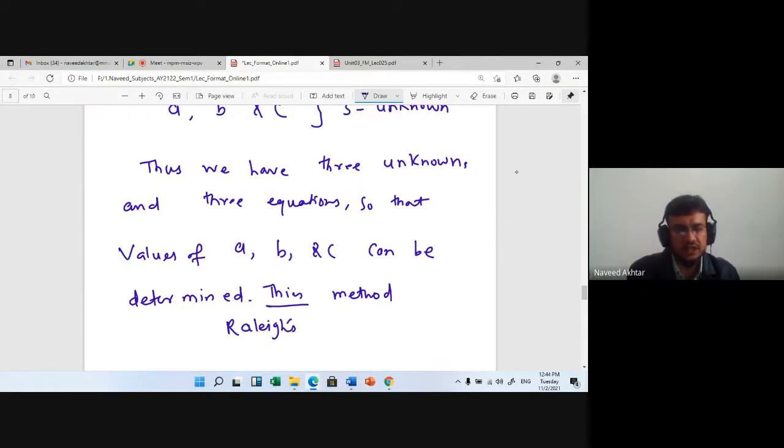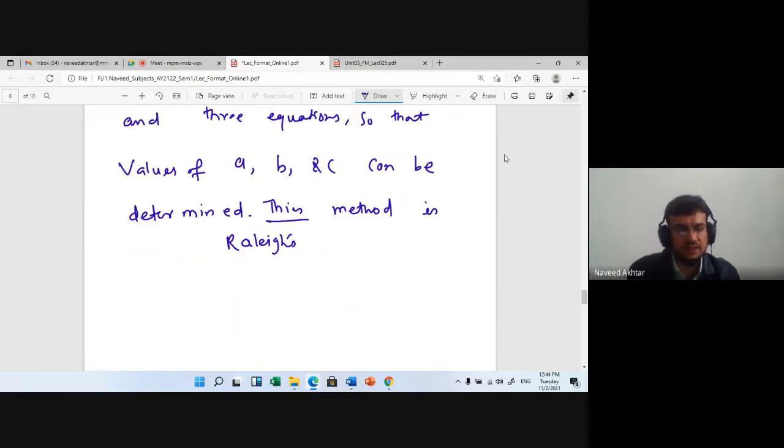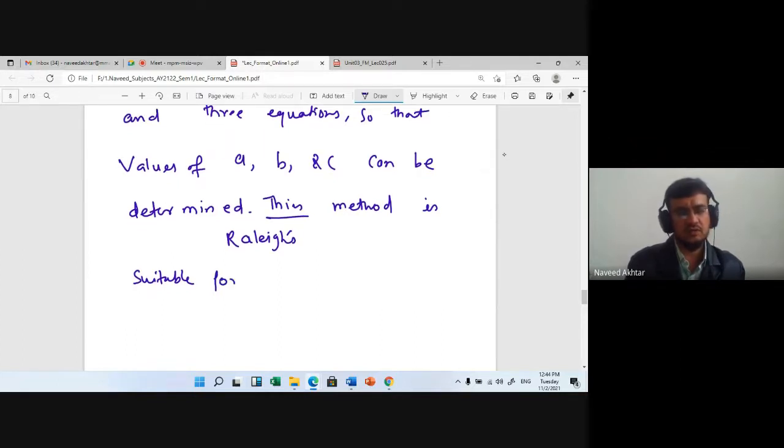This method is suitable only when the number of variables is 3 or 4.